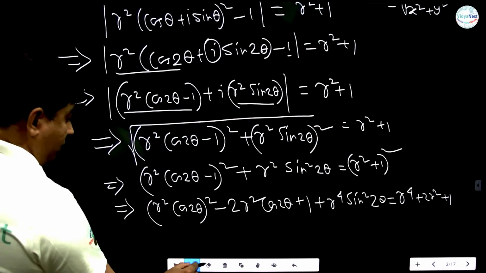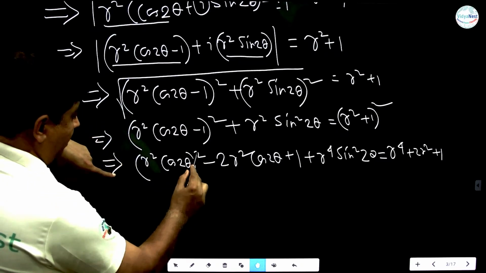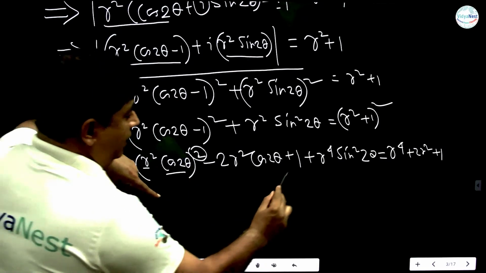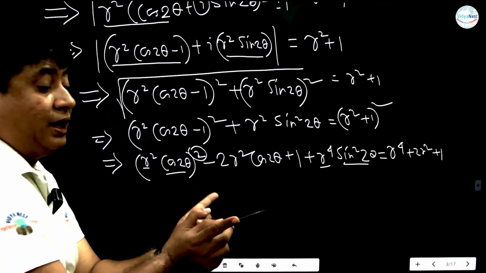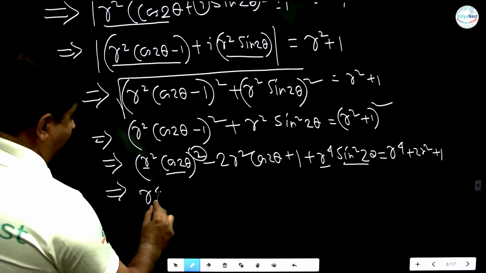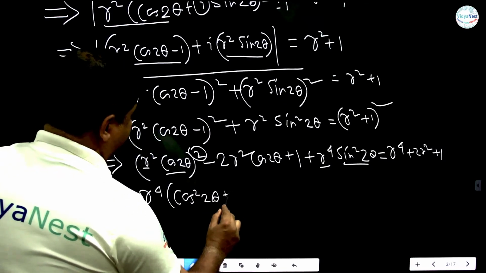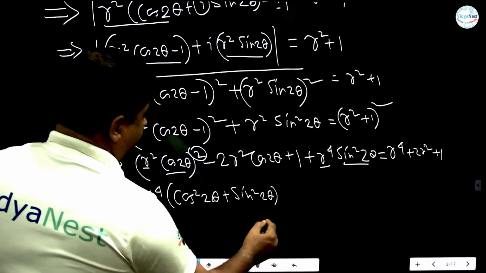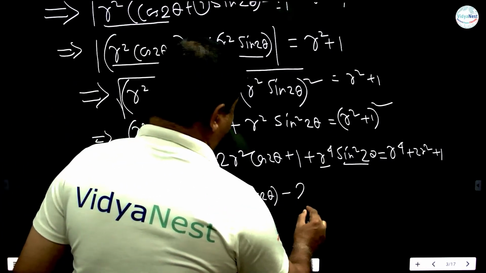Now you observe here we are getting, if I square it, r to the power 4 cos square 2 theta, r to the power 4 sin square 2 theta. We will club them together, and that will again recall that trigonometrical identity which you are taught in class 10, basic trigonometrical identities. Other part will remain unchanged.